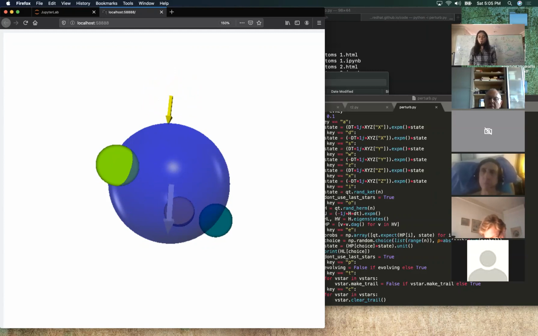You have to pick a basis for the matrix and then randomize the elements. I don't know exactly the algorithm that Qt uses to generate its random Hermitian matrices. But it's like sampling from this random matrix ensemble.